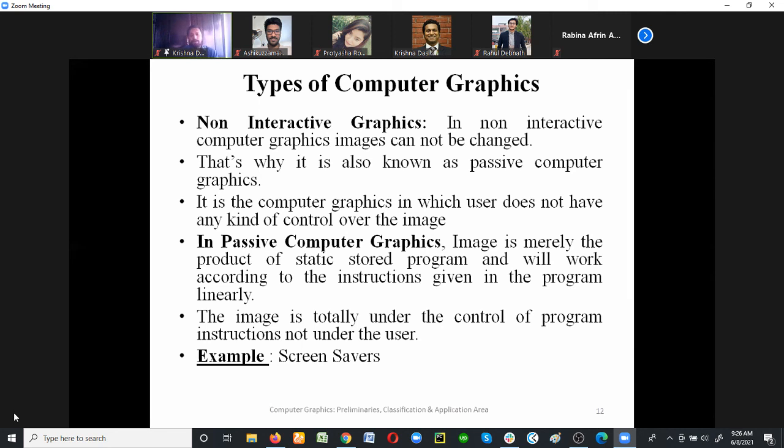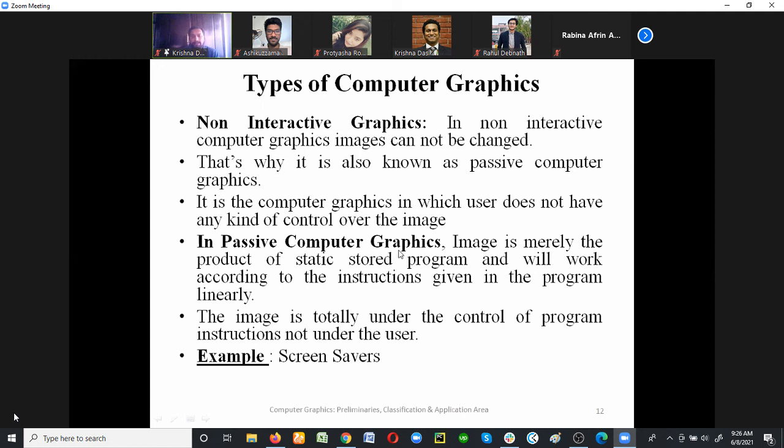For example, when you are watching a movie, or when you see a screensaver, it changes continuously, but who actually changes it? It is changed by the processor itself with a stored program. That means the instructions for what will be done have already been written. So these are non-interactive graphics.